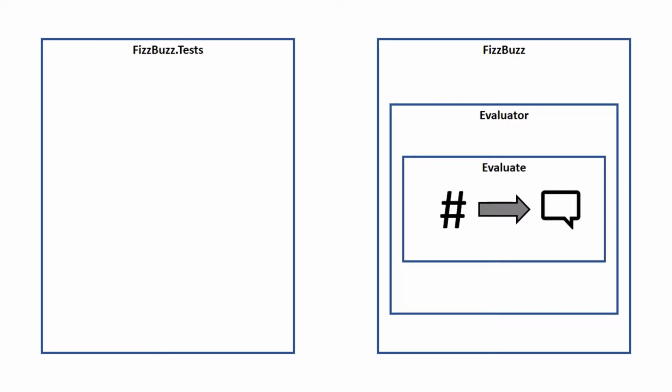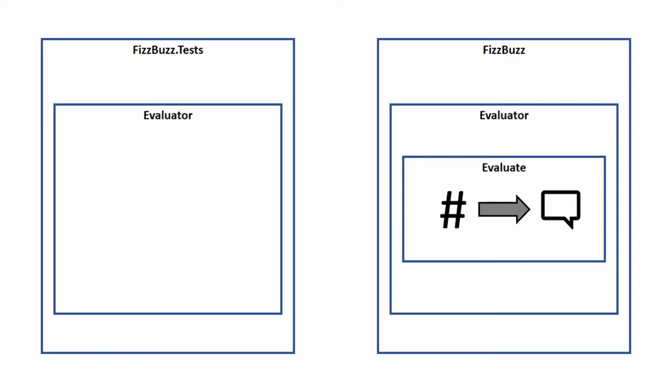From that design, I will have a fizzbuzz.tests namespace for my testing application. Within that, I will duplicate the name of the evaluator for the class that I'm testing. Some choose to also append test to the name of the class. I find that to be redundant.